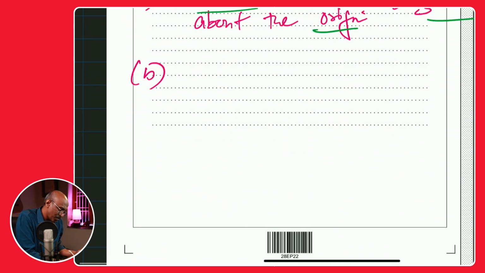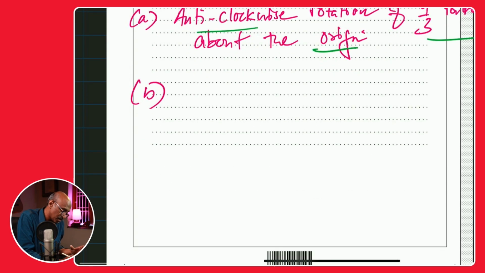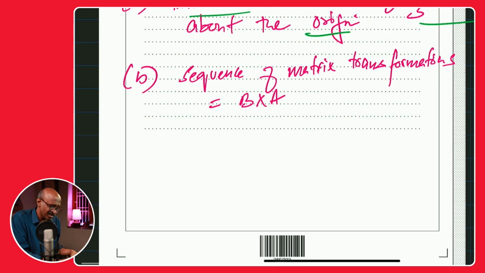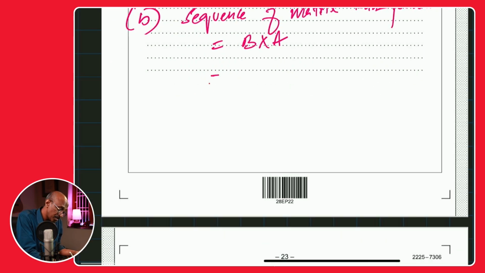So what we're going to do is write it down using the language of the question, okay? As I've always emphasized, the sequence of matrix transformations is B cross A. Make sure you let the examiner know that this is in that order, A first and then B. And then you copy down what those matrices are, okay?